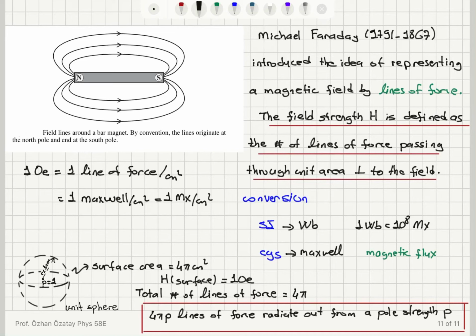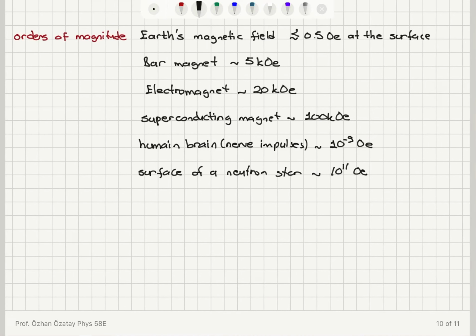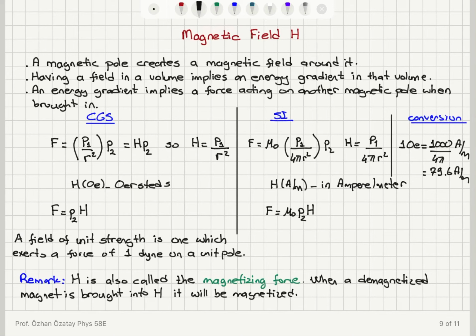So we will talk about magnetic flux in more detail in the next video. So let's just summarize what we have discussed here. Well, in this action at a distance picture in physics, we're basically assuming that the force that appears between 2 objects, which are 2 magnetic poles in this scenario, is mediated through a field that is generated by one of the objects, so one of the poles.